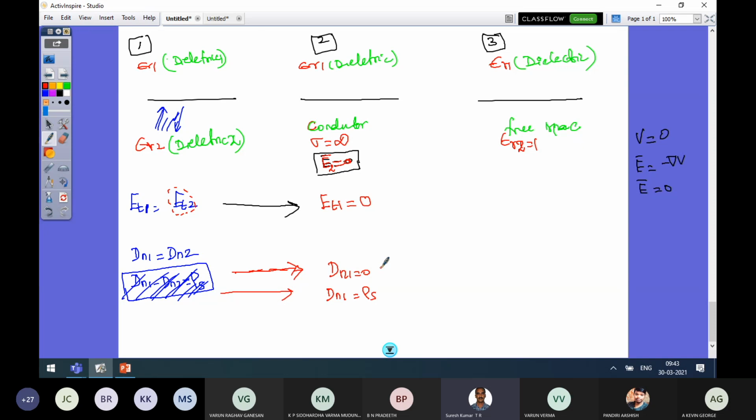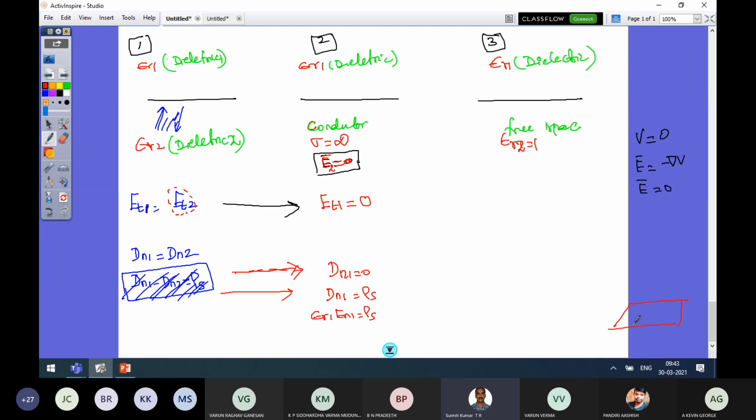If the surface charge density is given, and let us assume that equilibrium is not reached and there are some charges available on the surface, then we can use the second equation. So in that case, Dn1 equal to rho s. The important point is epsilon r1 into En1 equal to rho s. You can see the electric field exists only perpendicular to the conductor.